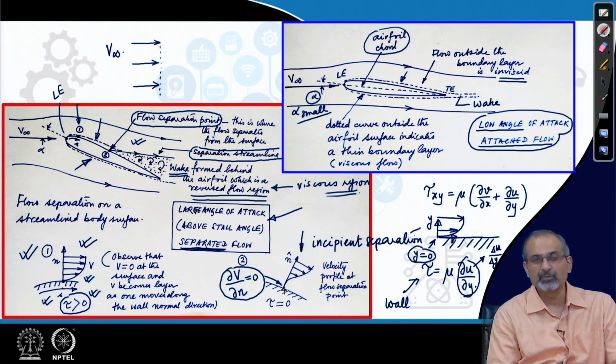The velocity at the wall is 0 because of the no slip condition, and as you move along the n direction, for some distance the velocity remains 0, then it gradually picks up. What that means is that the normal gradient of the velocity is 0 at the wall, and the shear stress, which can be worked out like this, mu del v del n, therefore the tau will go to 0.